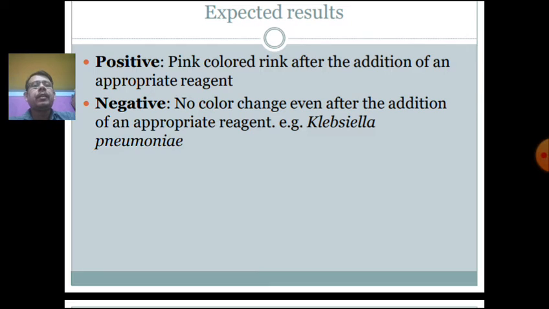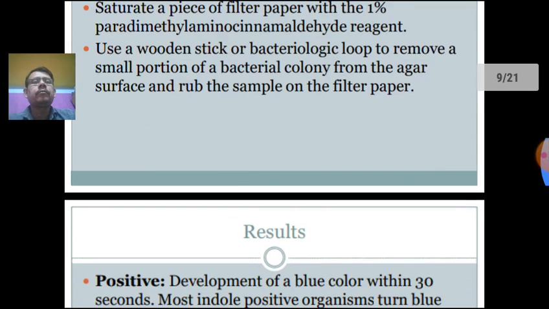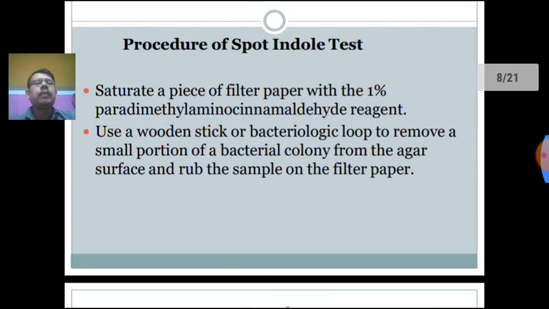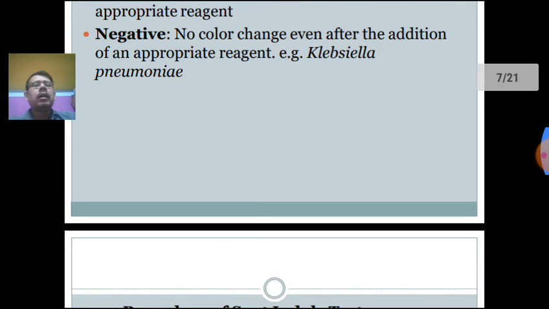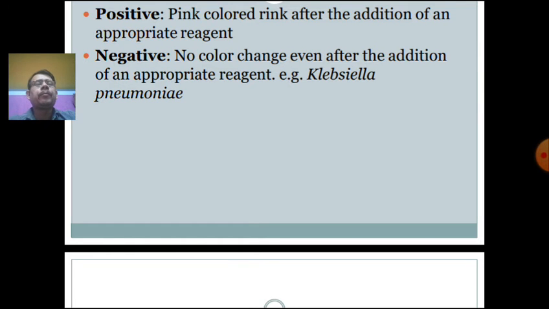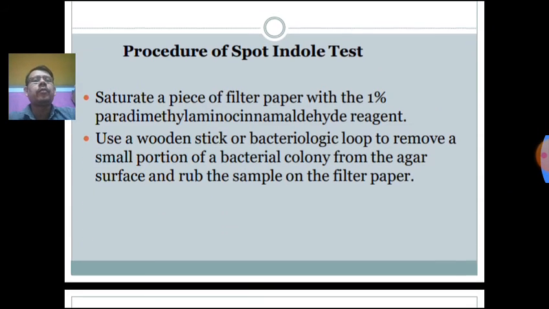In a positive case, a pink color ring forms after the addition of Kovacs reagent. No color change even after the addition of the appropriate reagent, like with Klebsiella pneumoniae, means a negative result of the indole test, because Klebsiella pneumoniae never produces indole from tryptophan.